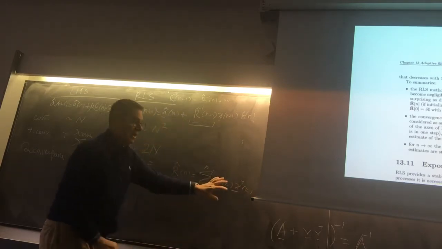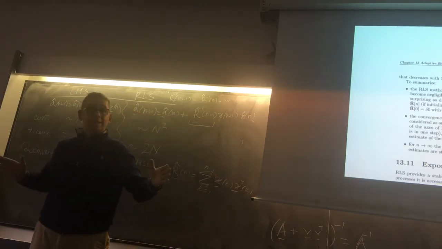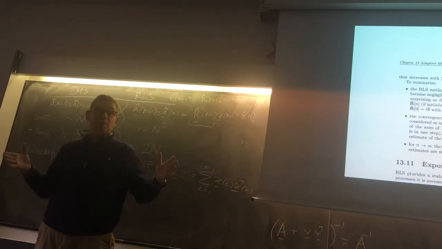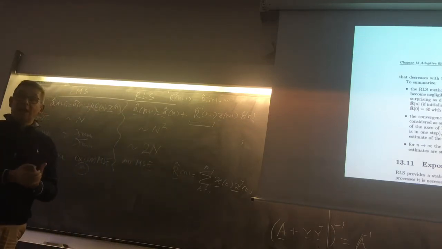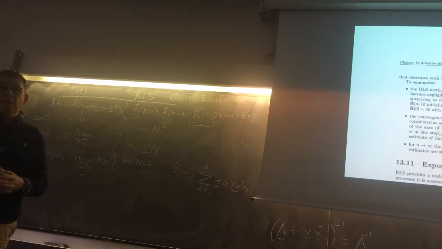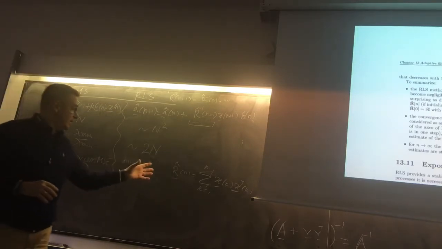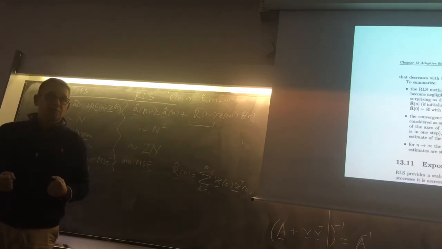So it is summing n vectors with the same importance. If this algorithm wants to react to a non-stationarity, it has no possibility to react. It's almost impossible to react.